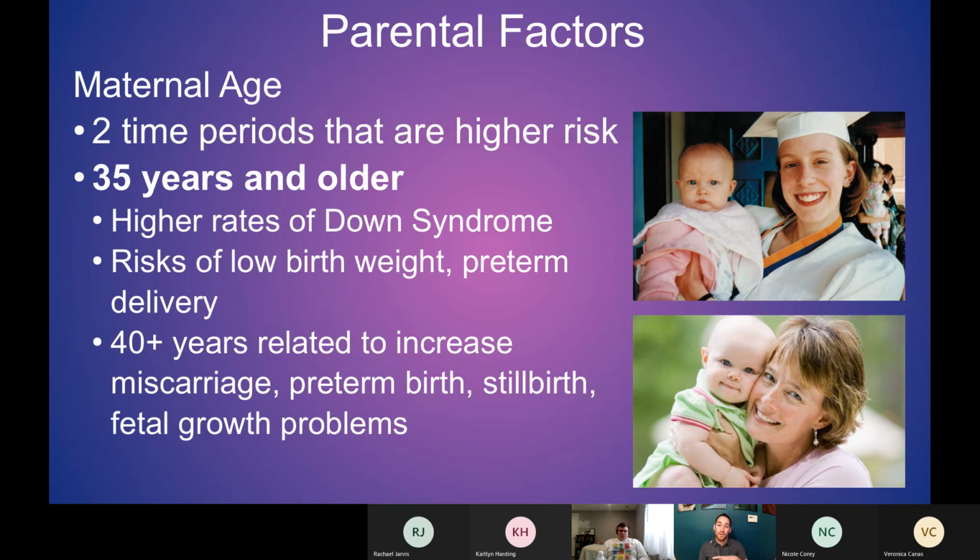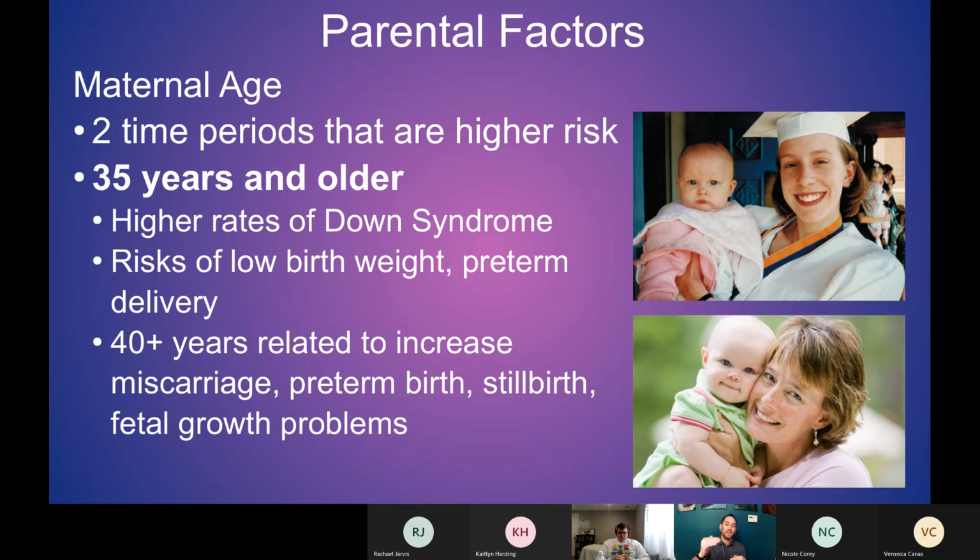Similarly, at 35 years and older, it also leads to higher rates of Down syndrome and higher risk of low birth weight and preterm delivery, especially after getting past age 40. It's a lot higher likelihood. So 35 is a little more risky than, say, 25 or 30, but after age 40, the risk jumps up again.